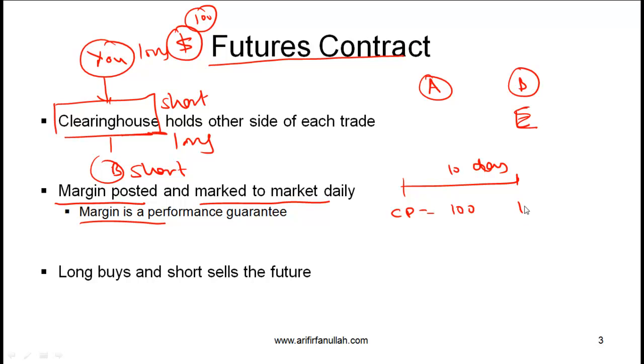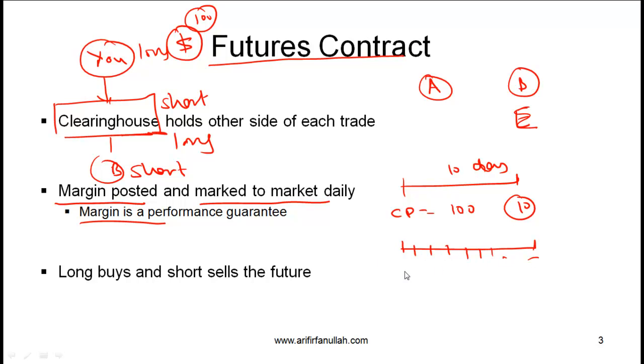Then the benefit of $10 you will realize at the end of the forward contract. Whereas if this were a futures contract and every day you benefit by $1, the bottom line is that at the end of 10 days again you will have benefited by $10, but in a futures contract every day $1 will be added.